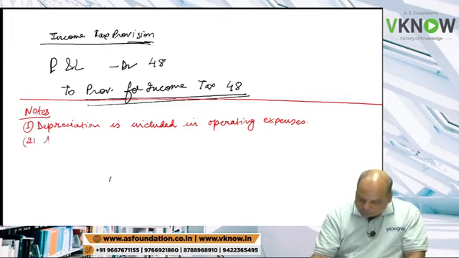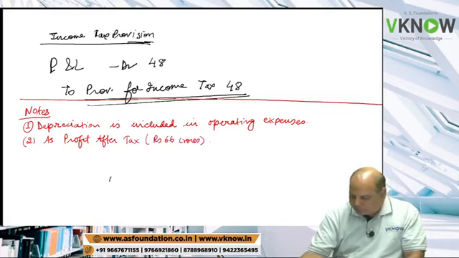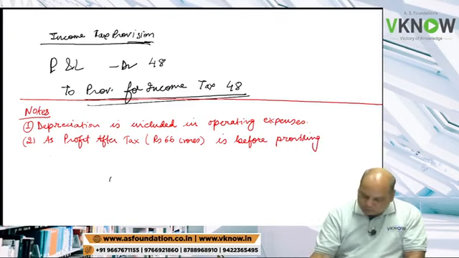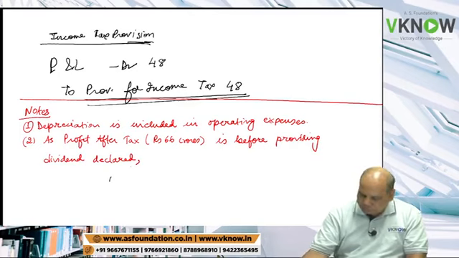Second note, write down: profit after tax (rupees 66 crore) is before providing for dividend declared.